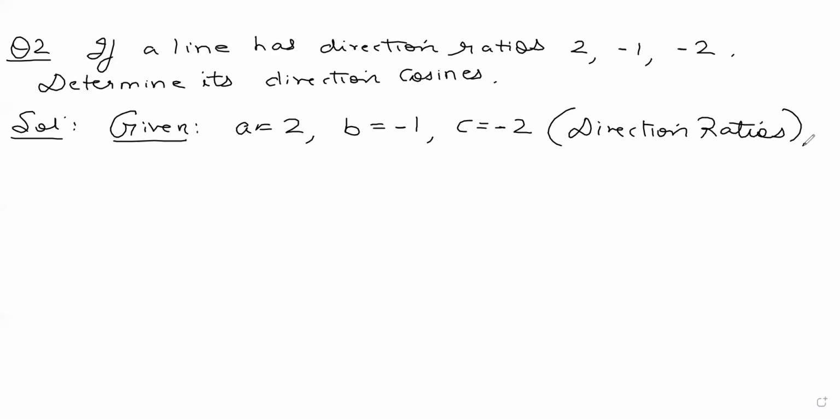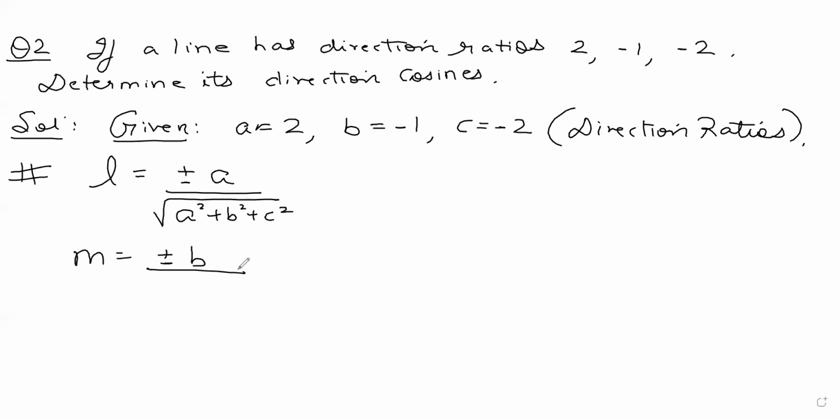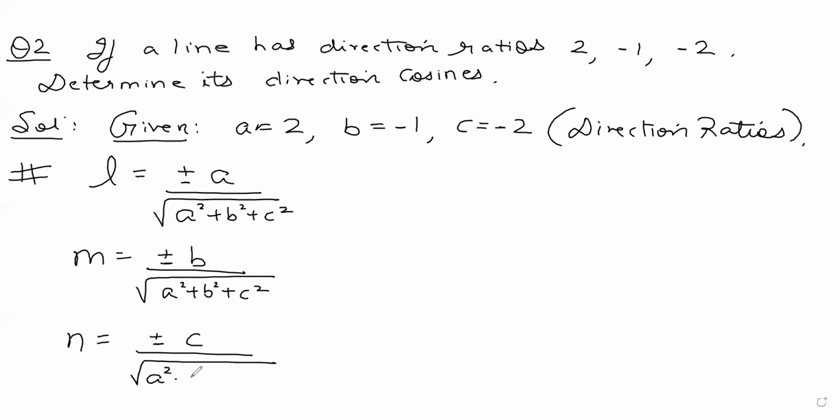Recall the relationship between direction cosines and direction ratios. L is plus minus A upon the square root of A square plus B square plus C square. M is plus minus B upon the square root of A square plus B square plus C square, and N will be plus minus C upon the square root of A square plus B square plus C square.